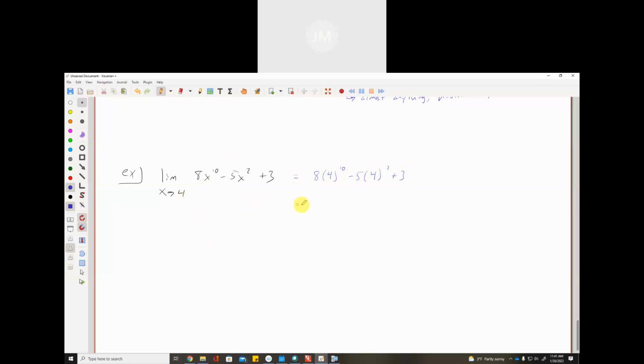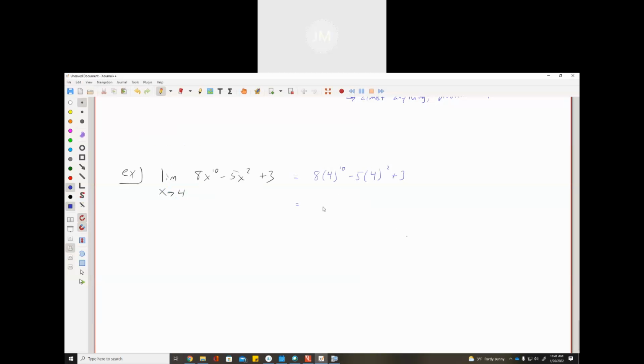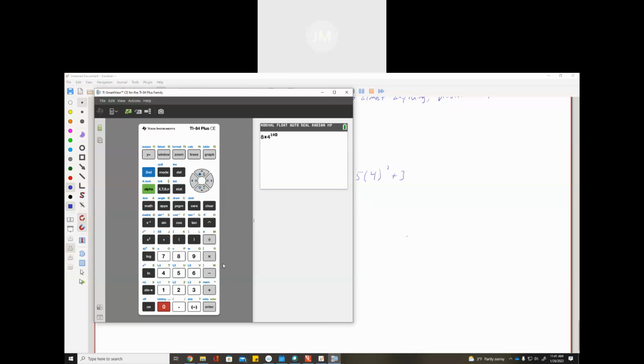Okay. And I'll use my calculator to compute that. So we get 8 times 4 to the 10th minus 5 times 4 squared plus 3. I get some crazy number.